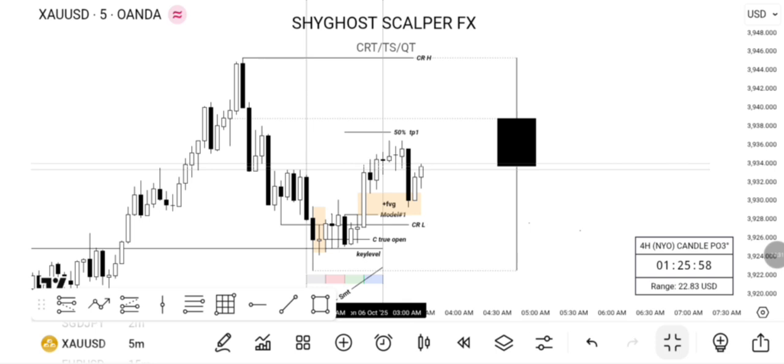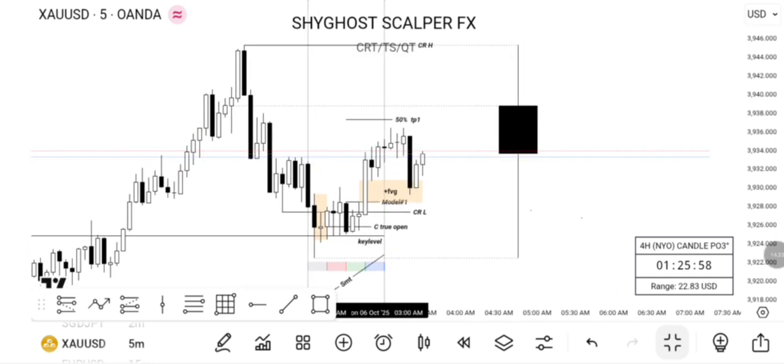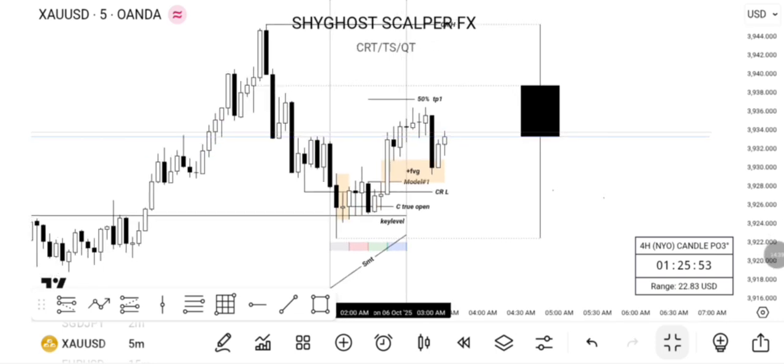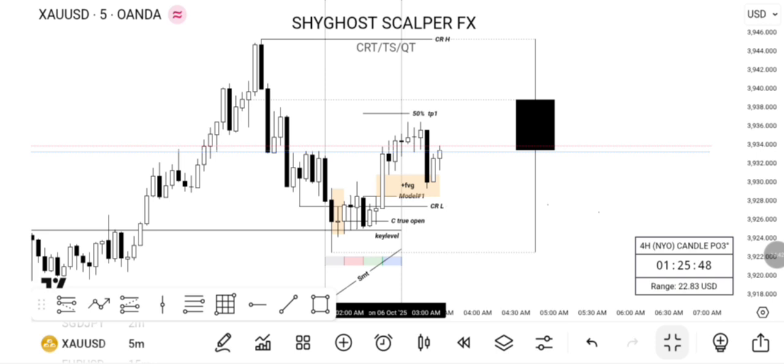So now what you're gonna do next after this, you're gonna check if your currency strength meter allows your setup. For example, we know that gold is a combination of gold and USD, right? So we're gonna check the currency strength meter and see if USD is weaker for us to buy, to confirm this narrative that we already have.